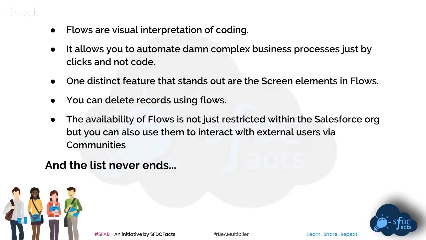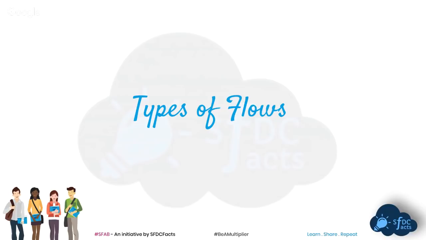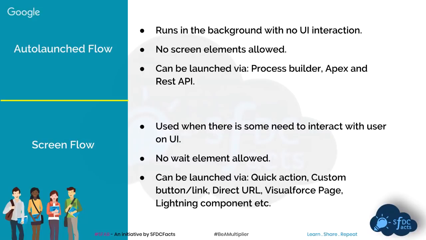And like I said, the list never ends. So guys, the more you explore, the more you will get to know the capabilities of flows. So let's move forward and see what the types of flows in Salesforce are. Basically, there are two standard types of flows. One is an autolaunched flow, and the other is a screen flow.